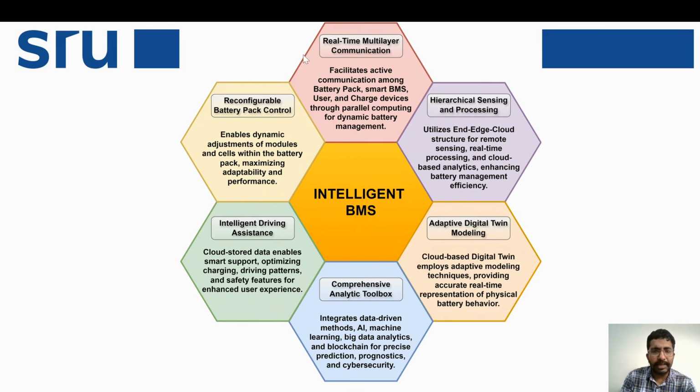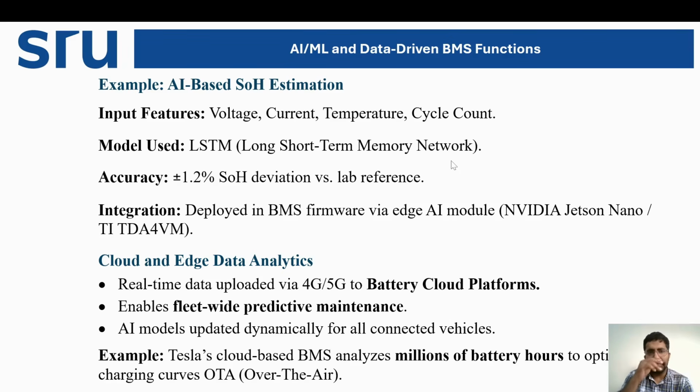So by combining all these upgraded components or features into the BMS, we will be able to make the traditional BMS into an emerging, intelligent BMS. An AI example can be AI-based state of health estimation.